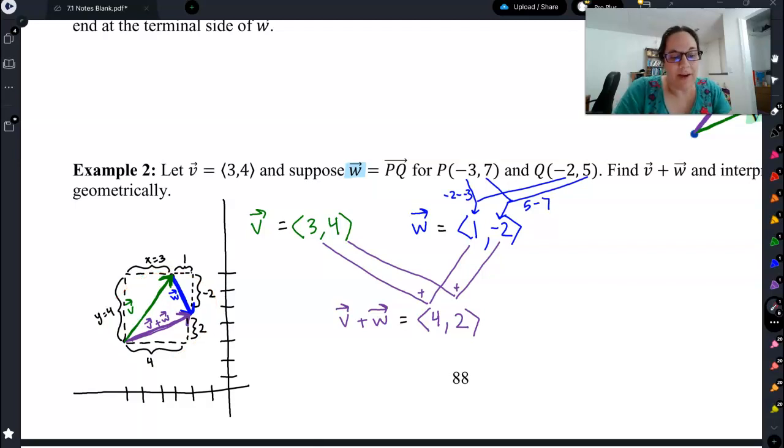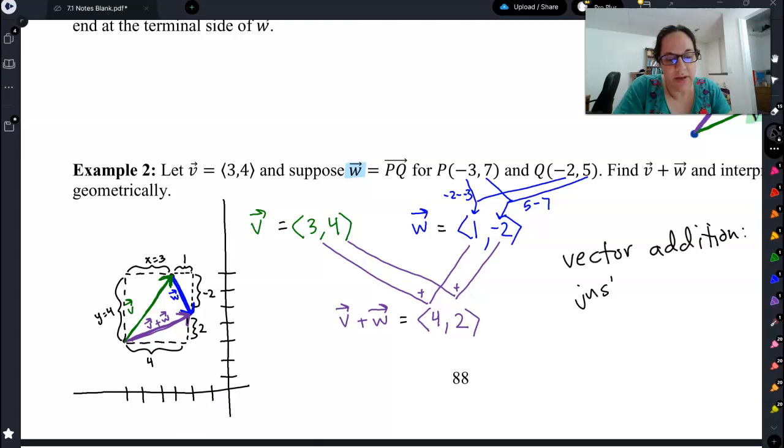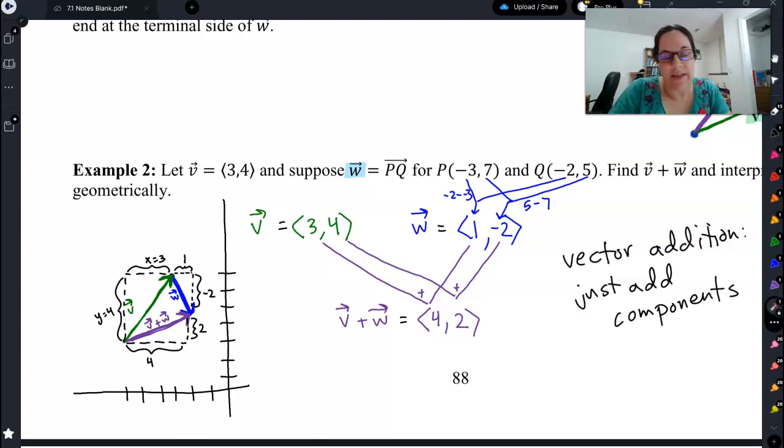If you want to do vector addition, just add components, and that will give you the exact same answer. So there's your shortcut. With vector addition, just add the different components and you'll be good.